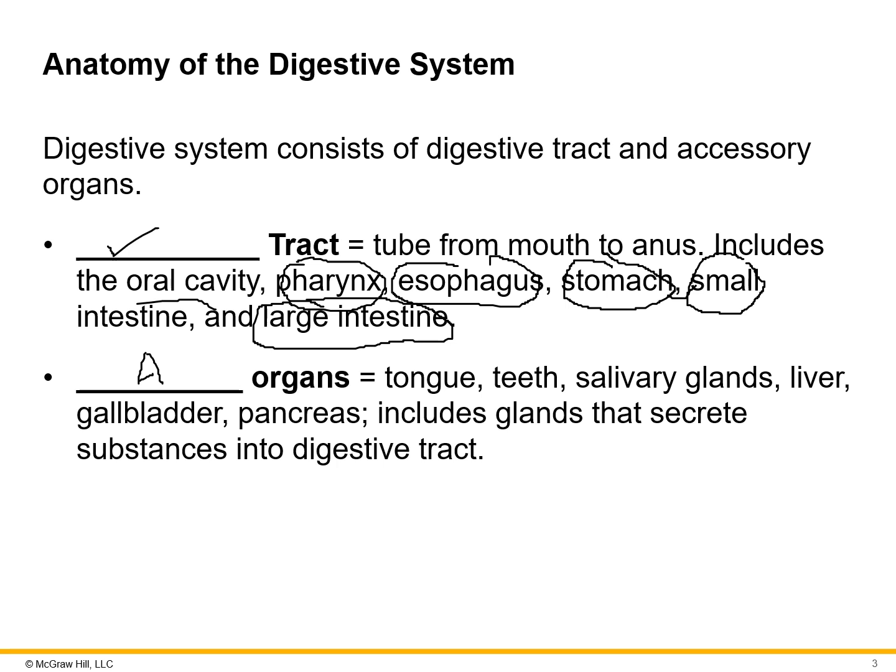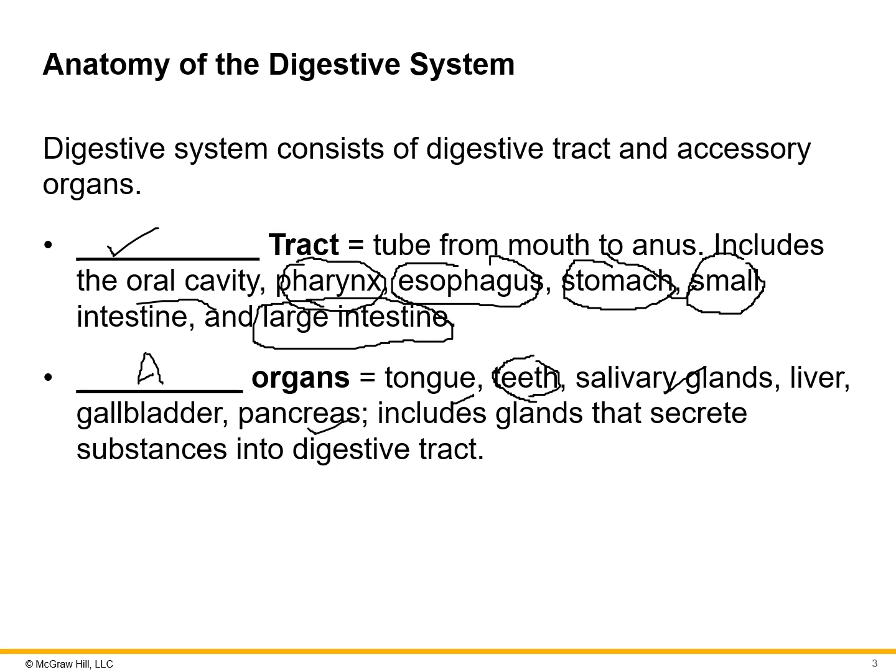So these are structures that help either with physical digestion, such as teeth that help grind, crush, and tear different food materials, and the tongue that helps with the mixing of stuff in your oral cavity, or glands like the salivary glands, pancreas, liver, and the gallbladder.